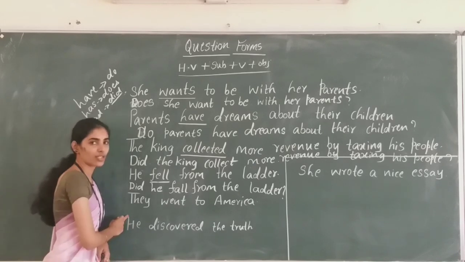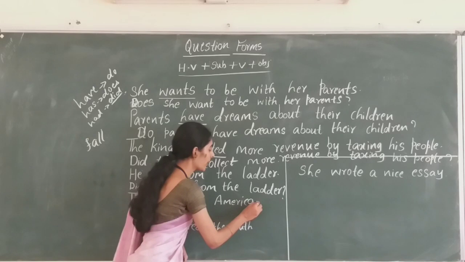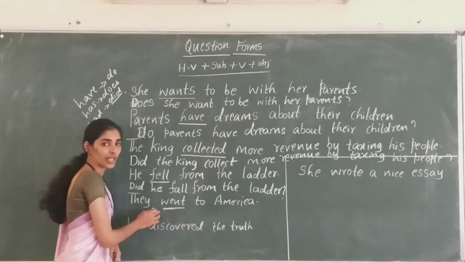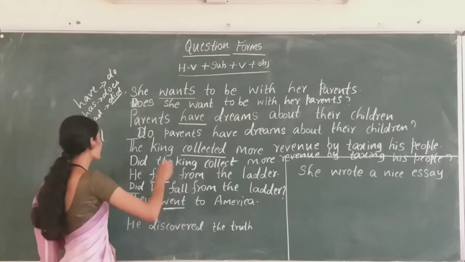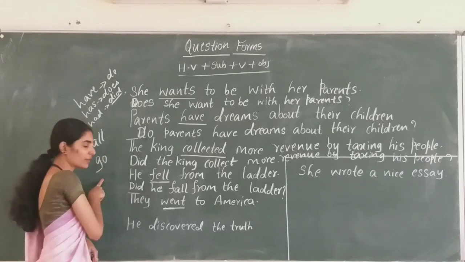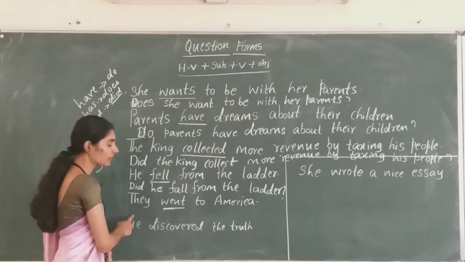Look at the next question here. They went to America. So again, identify the verb here, that is went. Again, which is the present form of went, that is go. Go is the present form and went is the past form. So which form of do do we have to write?